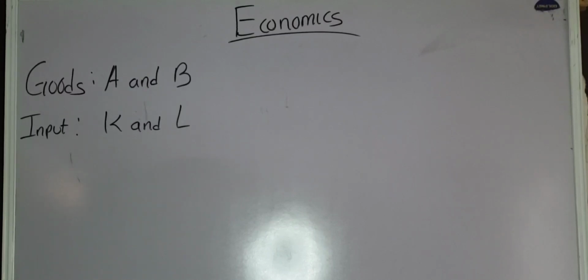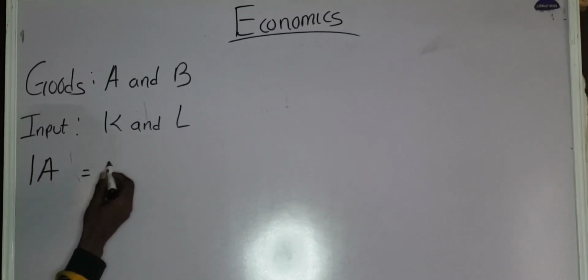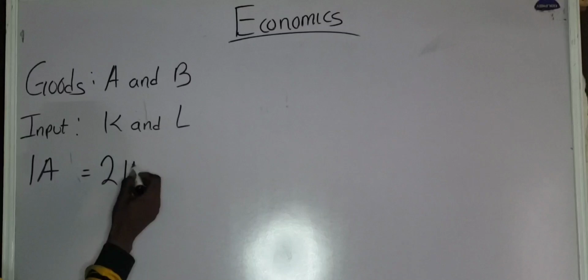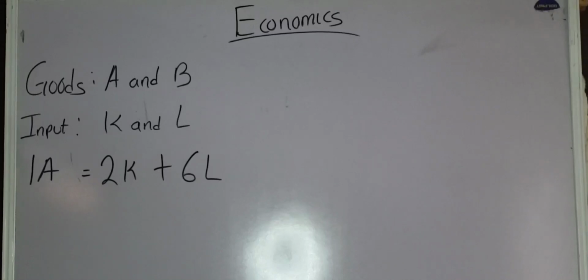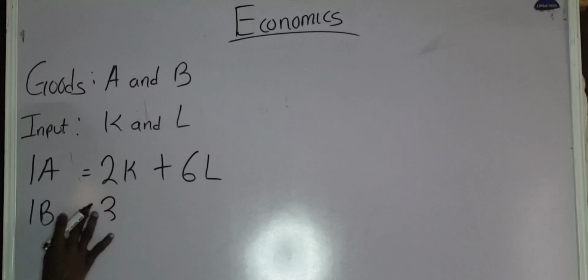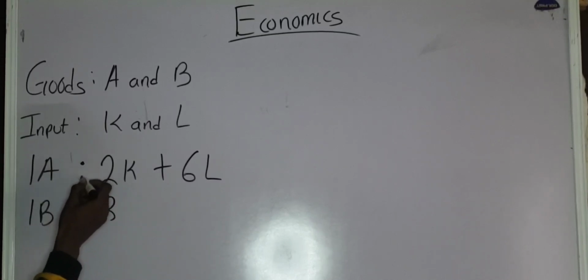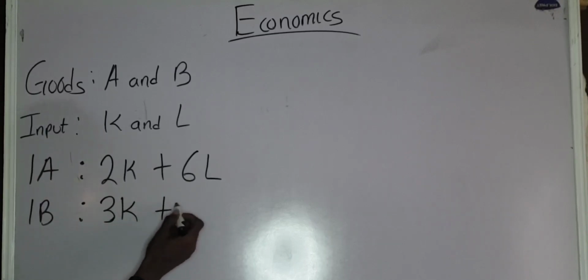A single unit of good A requires 2 units of K plus 6 units of L. And the next statement is that each unit of B, that is 1B, requires 3 units of K plus 4 units of L.